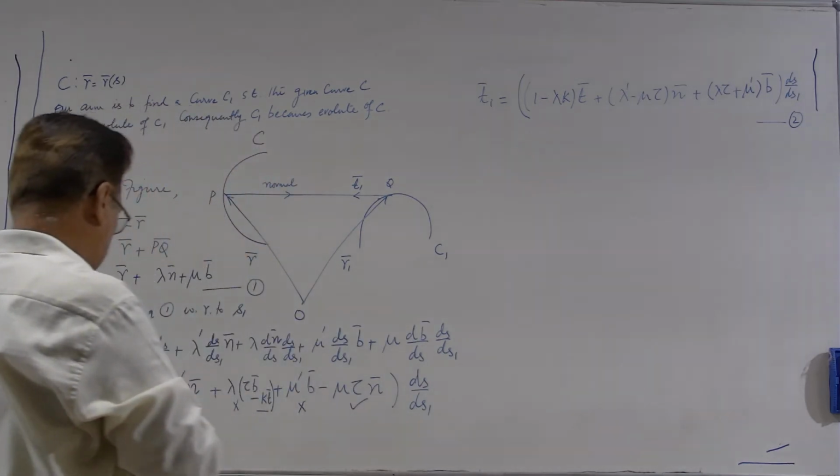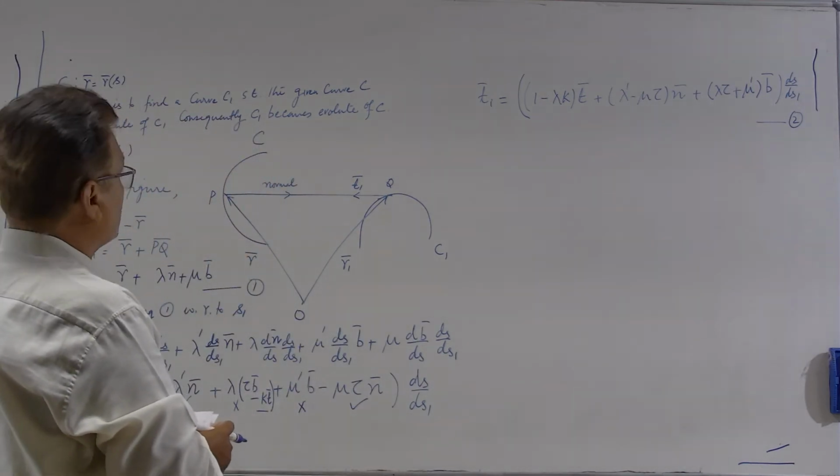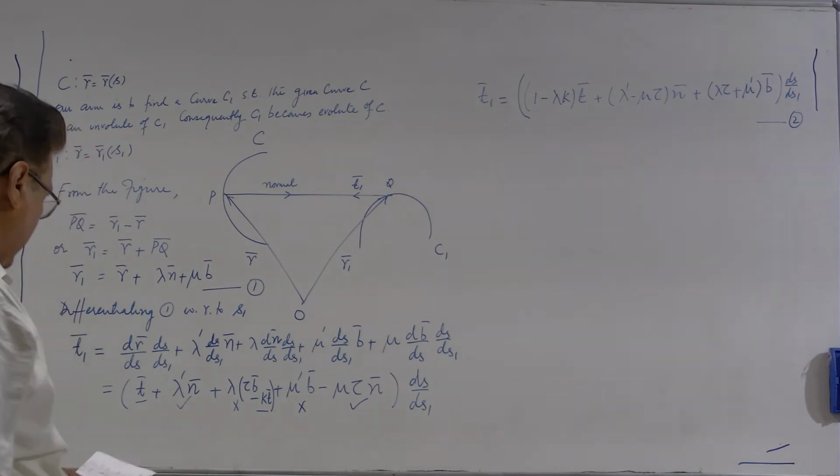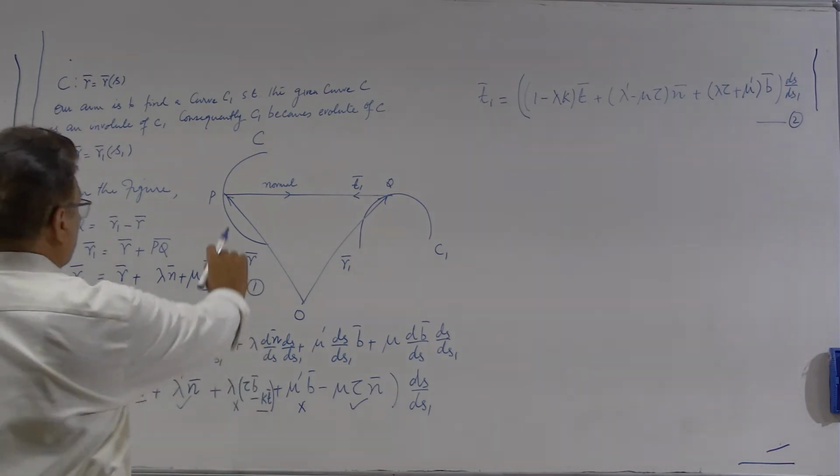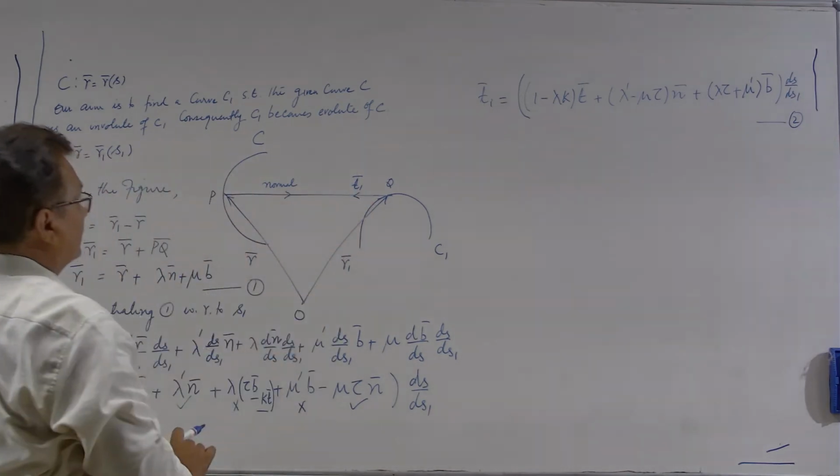All right, and now since T1 lies in the normal plane of C, because T1 and PQ are collinear.